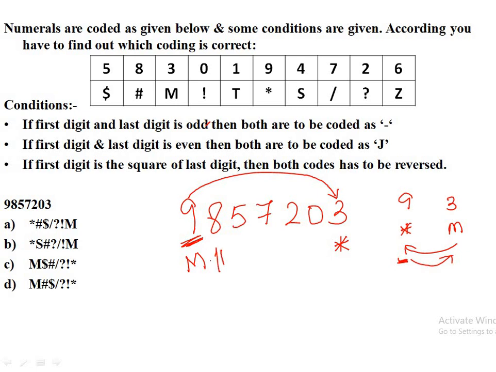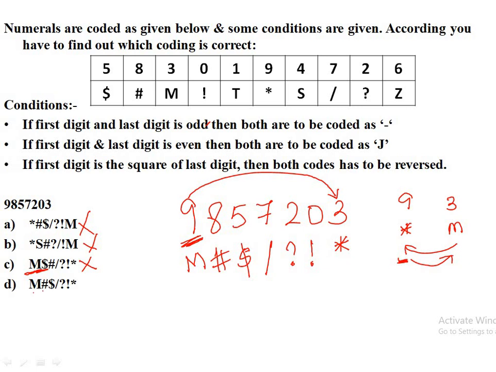That is 8 means ash, 5 means dollar symbol, correct? 7 means slash, 2 means question mark, 0 means exclamation. So hence these two are eliminated. Why? Because I'm not having M in the starting. So moving on to this, see here I have dollar. So hence even this is also eliminated. What is left out?